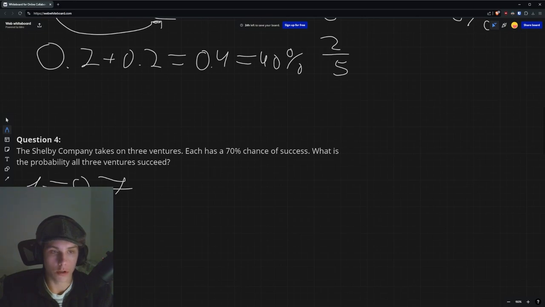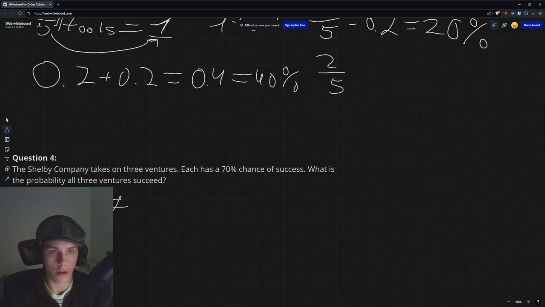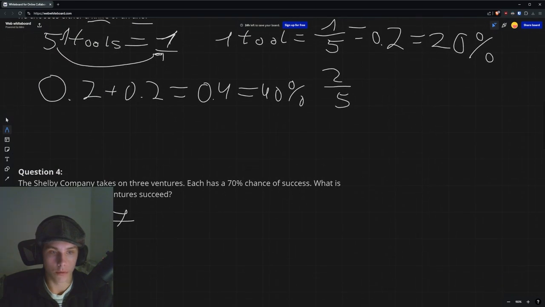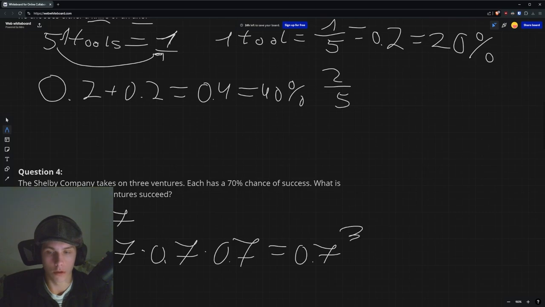That means 3 ventures, as we've done in the previous case, is 0.7 times 0.7 times 0.7, also 0.7 cubed. I haven't done the math yet. 0.7 cubed would be 0.343.